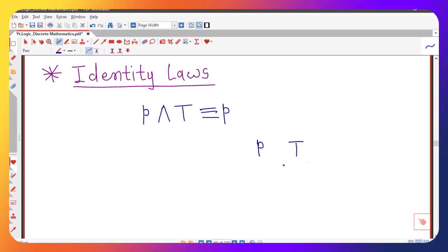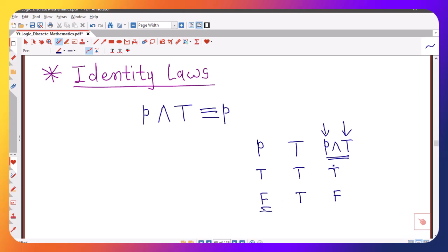Suppose I consider proposition P, then there are two possibilities, either it is true or false, and capital T in this case is that proposition which is always true. Therefore we consider truth value T for capital T. And if we consider AND operator between P and capital T, then we know that this compound proposition is true when both are true, and it is false if at least one is false.